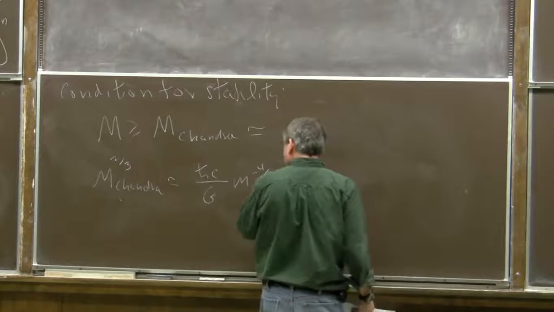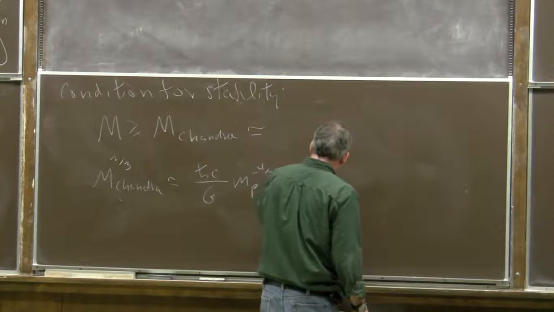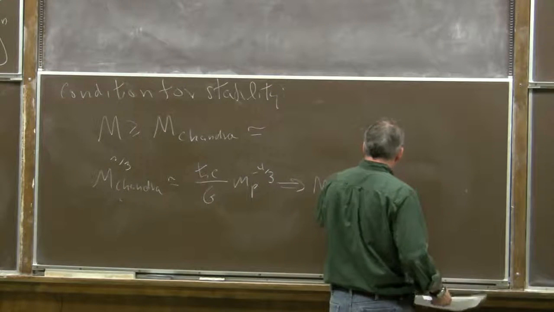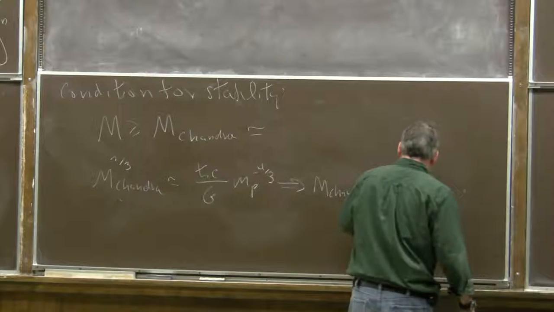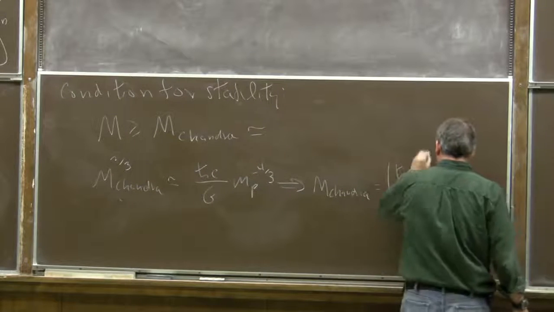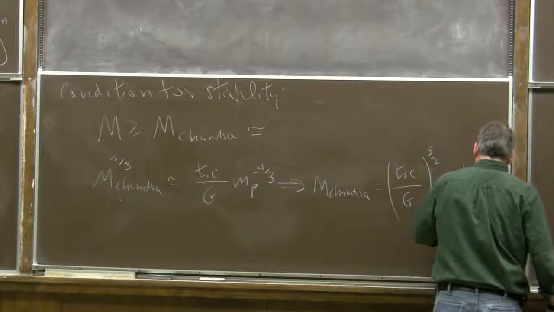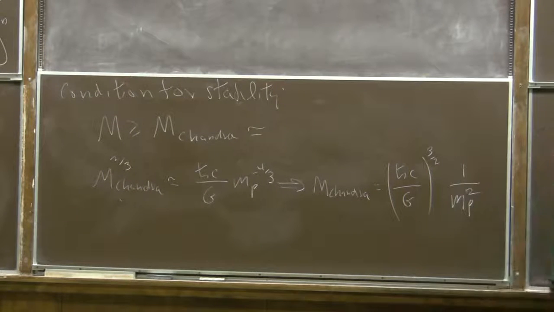So I can write that, therefore, this way: the Chandra mass is h bar c over G to the 3/2, times 1 over the proton mass squared.